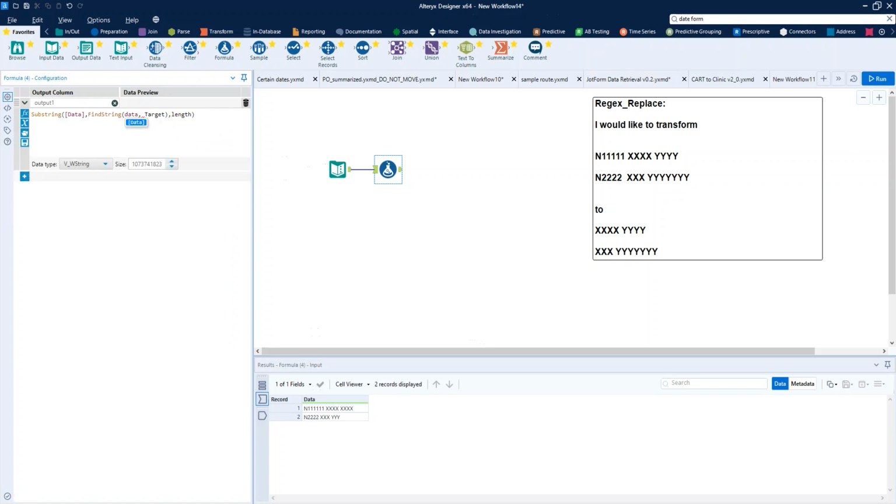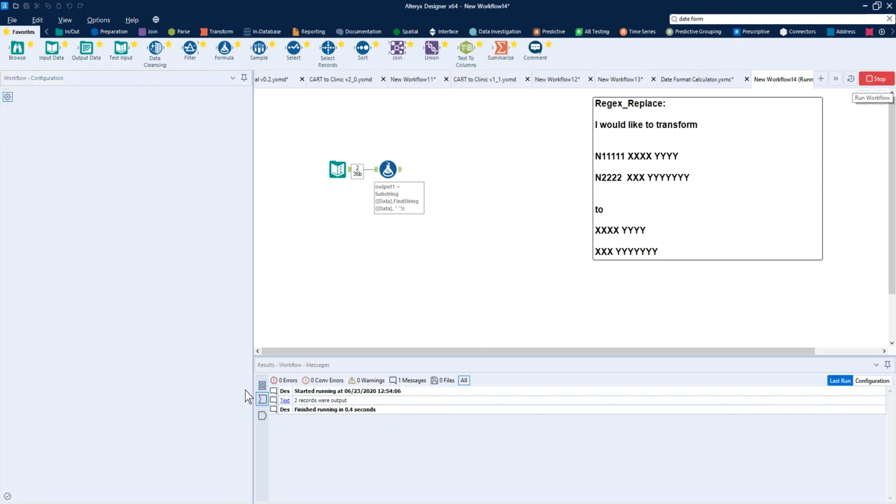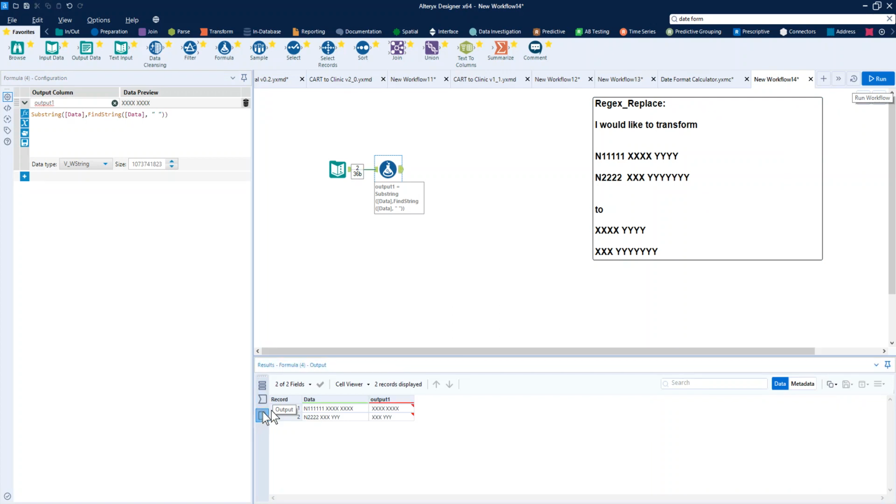We're looking again at data. And what are we looking for? We're looking for a space. And we don't care about the length. We're just going to find all of the data. And there in my data preview, I've got what I'm looking for. I'm going to hit run, take a look at the output, and I've got leading spaces in there. So I'm very close to having the solution.